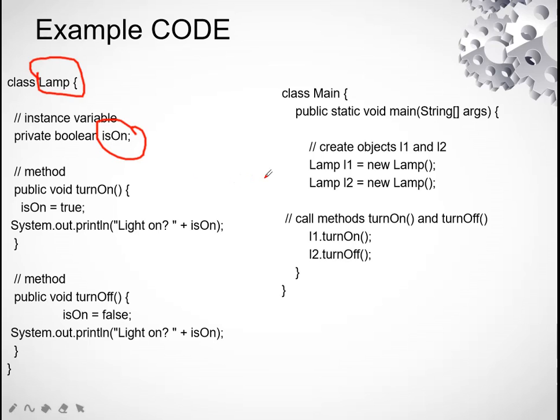Now isOn can have four different types of access. That is today's topic, access specifier. That means to this particular variable isOn, or to this particular method turnOn, what kind of access can we give to the users?